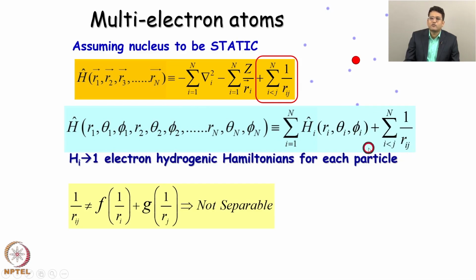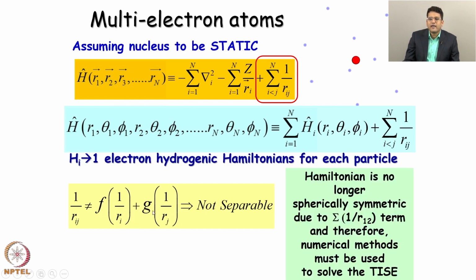Now the problem with this 1/Rij term is that it is not separable, so I cannot write it as an additive term in the two variables. So I cannot write it as 1/Ri plus 1/Rij. Because I cannot separate these two variables, the Hamiltonian is no longer spherically symmetric due to the presence of the 1/R12 term.